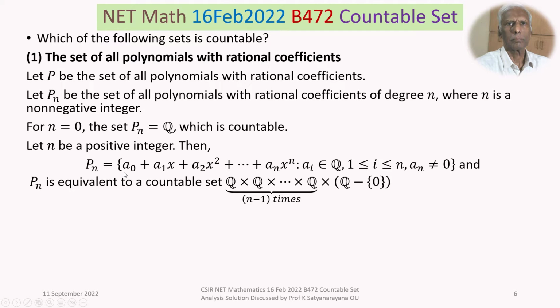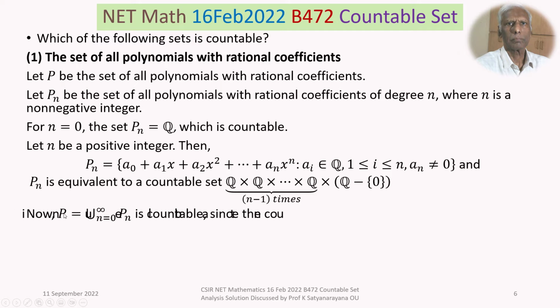What is that countable set? a0 comes from Q, a1 comes from Q, a2 comes from Q, and up to an minus 1 comes from Q. an comes from Q minus 0, because an is not equal to 0. So therefore Pn is equivalent to Q cross Q cross Q, n times cross Q minus 0. Each one is a countable set. Therefore this cross product is also countable. Therefore, Pn is equivalent to this countable set.